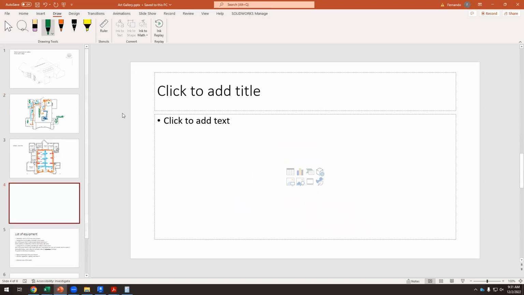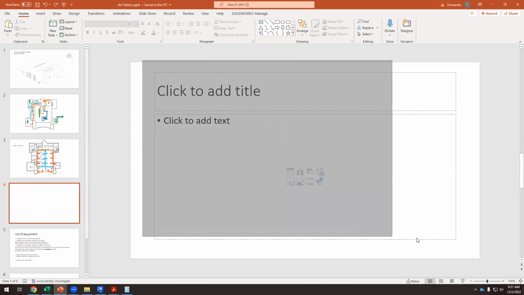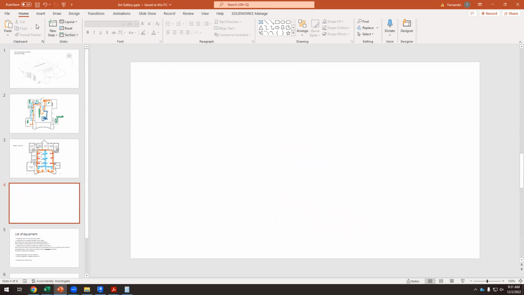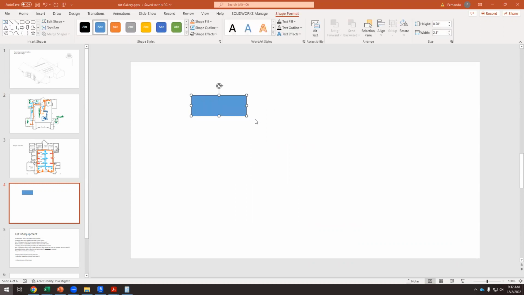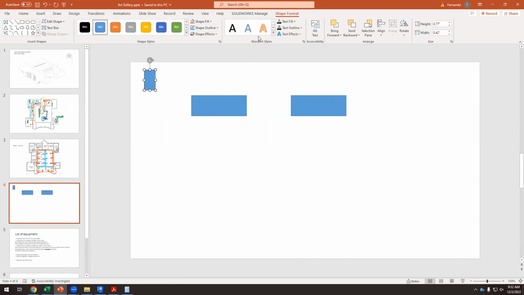What is the schematic view? Very schematic views. I have 2 air handling units. I have a boiler. And the chiller.